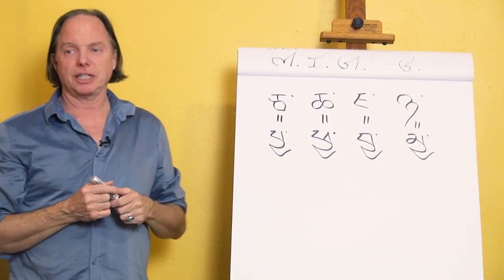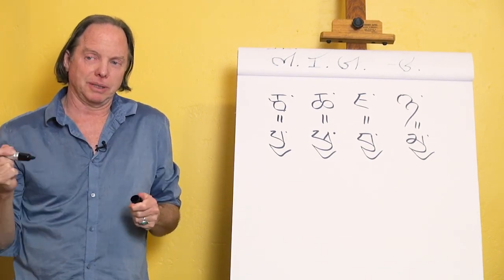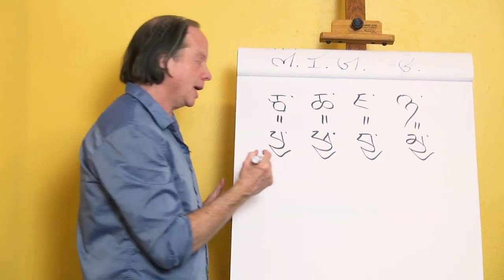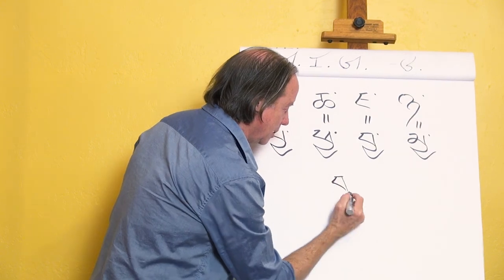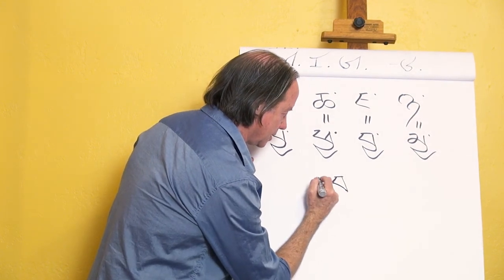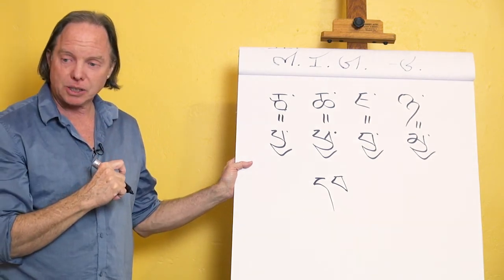I'll give you one more exception, then I think we can close up this video. And if I think of any more exceptions, I'll put them on the next video. When pa comes after a certain prefix letter, which is da, it changes.